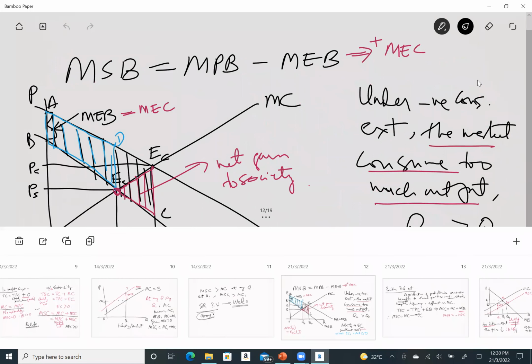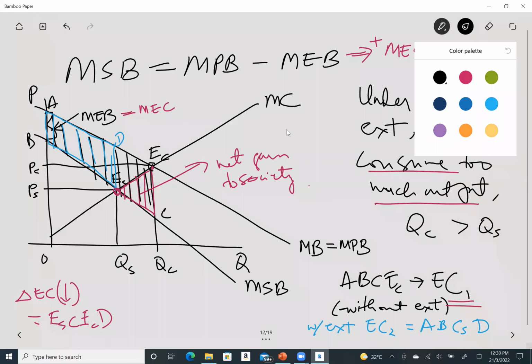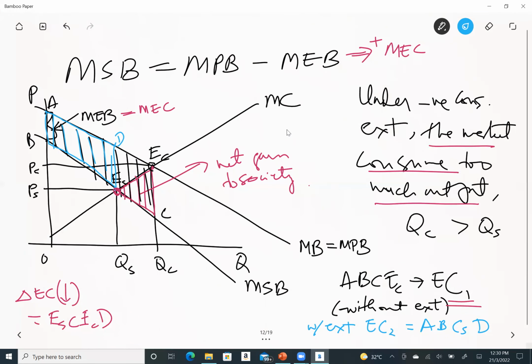Suppose this is the smoking example. All right, negative consumption externality. Let's say at the beginning, we are here, the competitive equilibrium. Initially you are at the competitive equilibrium.